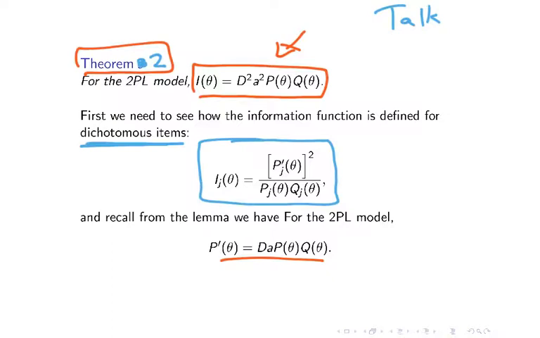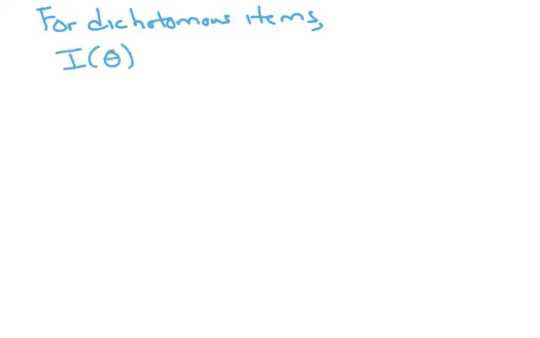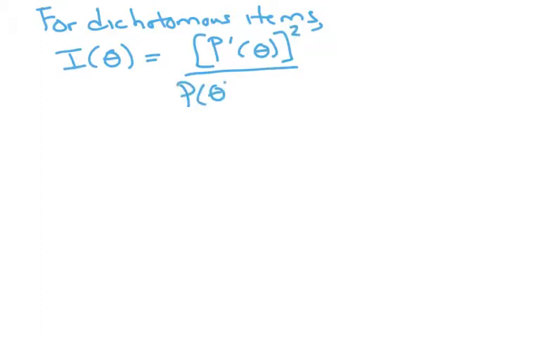So let's, well, I think I have a blank page next. We want to show, well, first of all, let's talk about item information. For dichotomous items, item information takes this form: it's the derivative of P squared over P of theta times Q of theta.